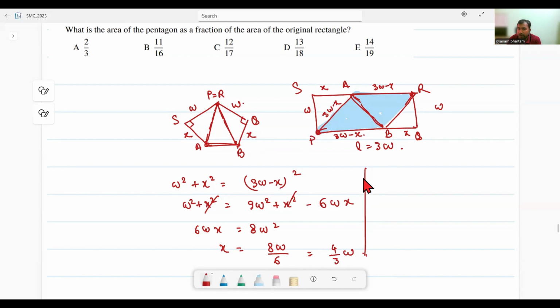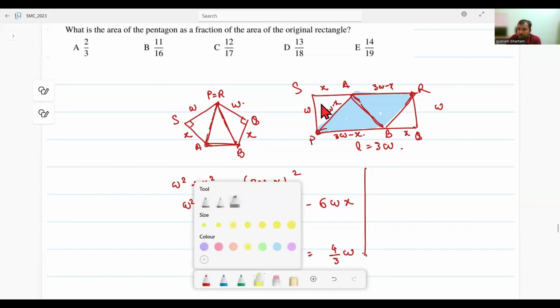So what we can do, we can find these two triangles. Let's find this triangle.